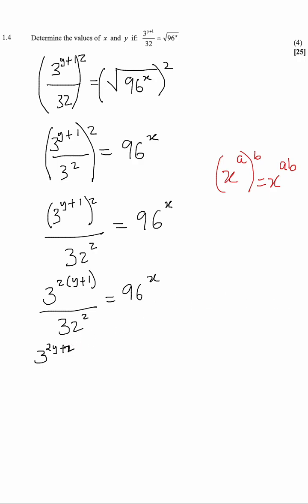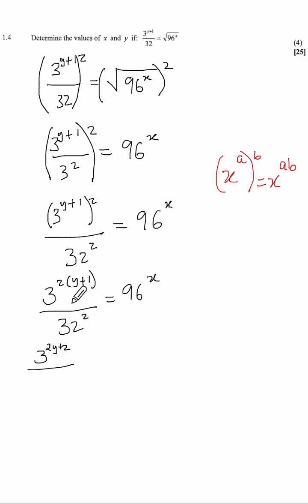Let me just write that a bit better. Because 2 times y is 2y, and 2 times 1 is 2, over 32 squared. Now I'm trying to see what the play is here.